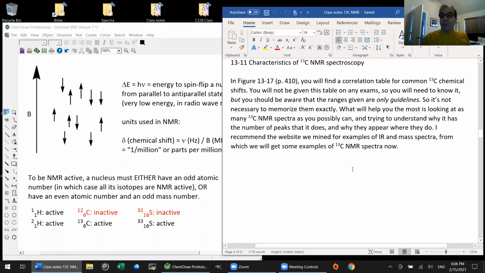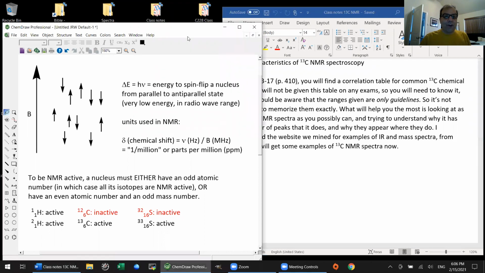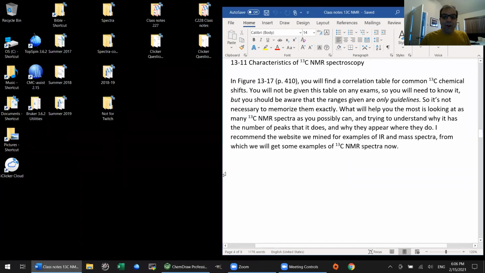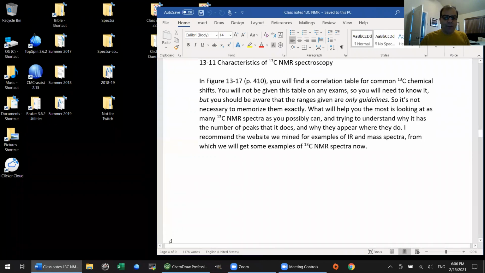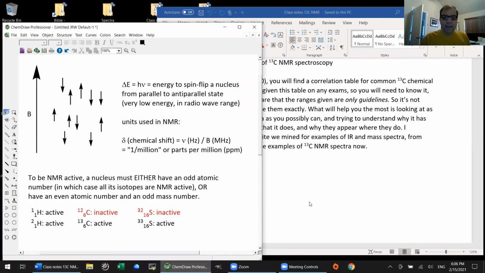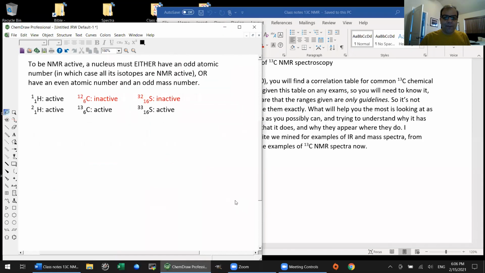So what I'm going to do here is just go through several carbon NMR spectra with you and give you an idea of what to look for and what you will commonly see in a typical carbon NMR spectrum. So let me improve my window over here. Oh no, I guess I really will need ChemDraw, at least in principle.